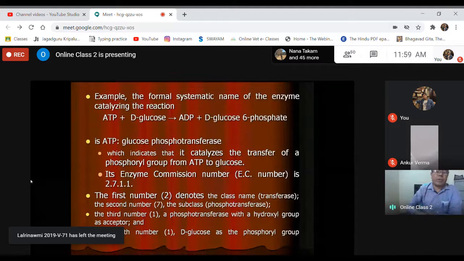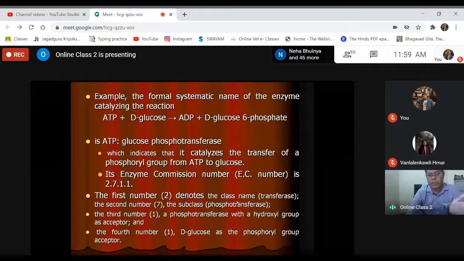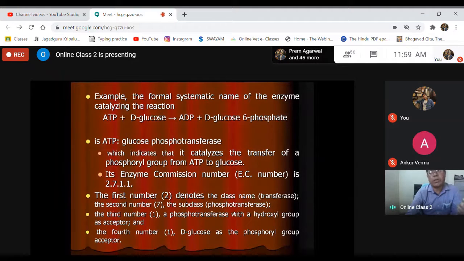The first number, 2 here, denotes the class name, transferase. This group of enzymes catalyzes the transfer of a group. The second number, 7, is the subclass phosphotransferase. So what group is transferred? It is the phosphate. If the group transferred is phosphate, the number given is 7.